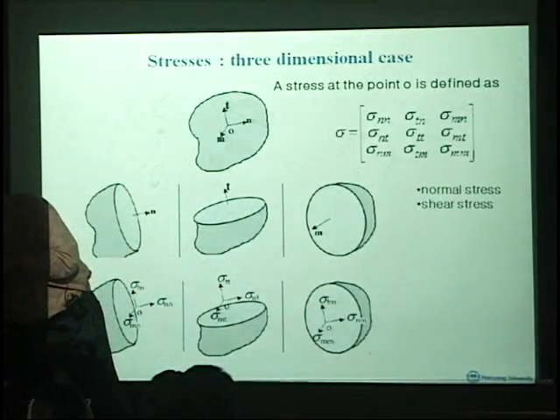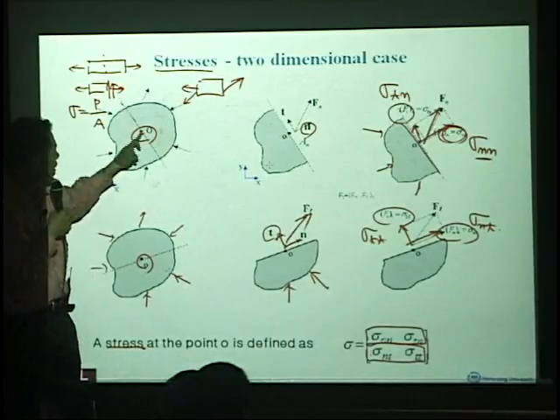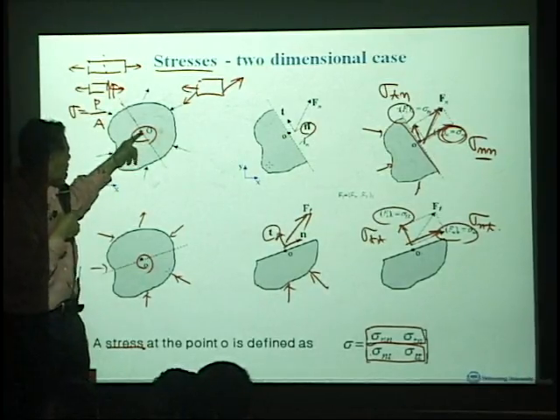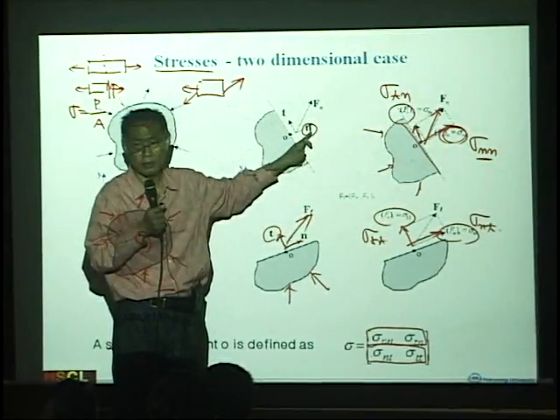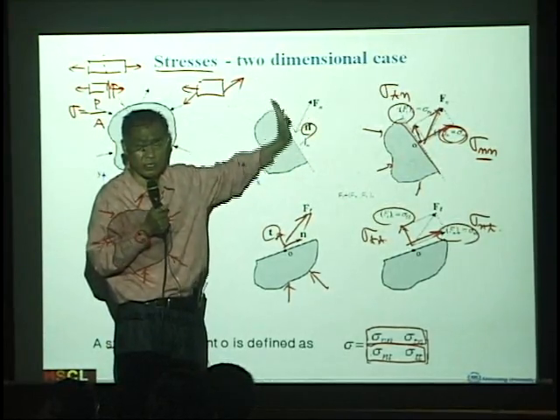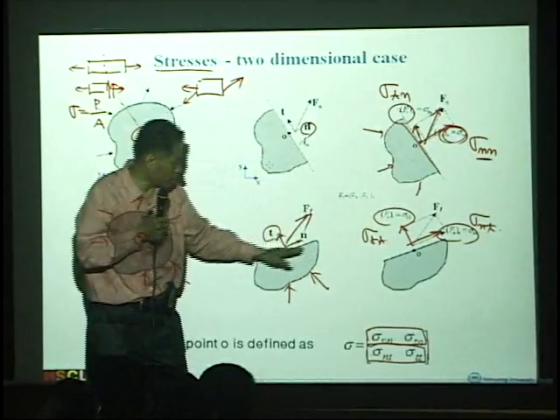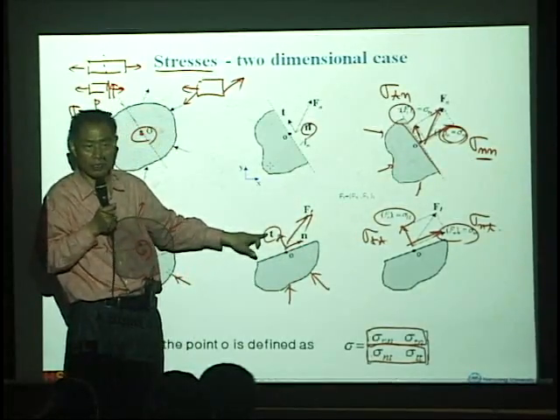Okay, compared to the other one, it is very much similar. Here we have two directions, N and T. We can cut here N. This is called N direction cutting. And this one is called T direction cutting.